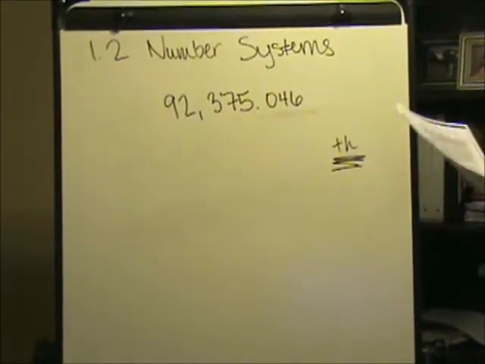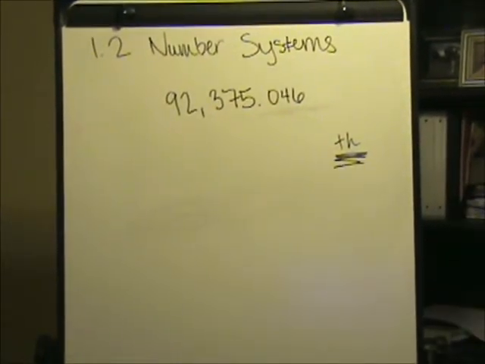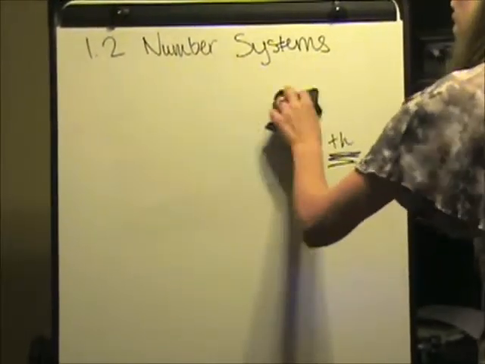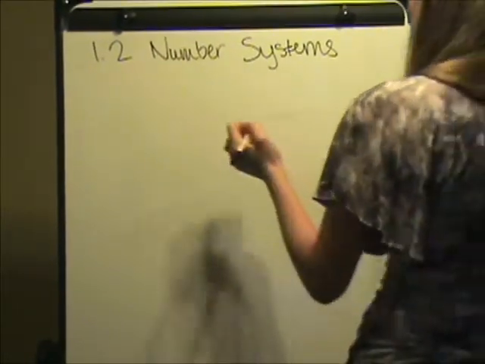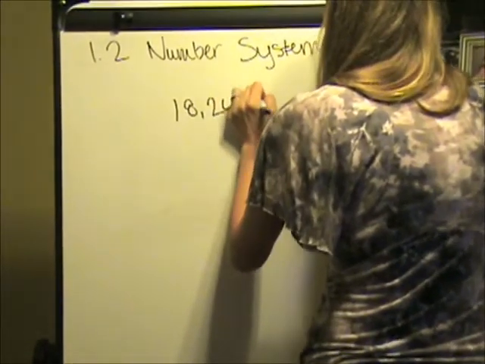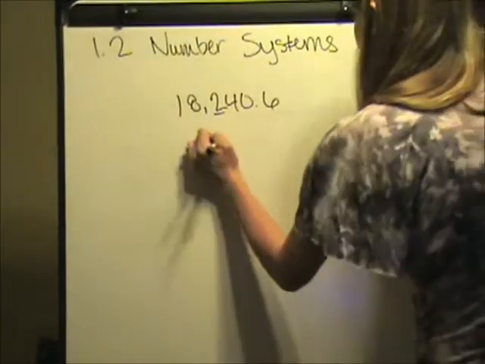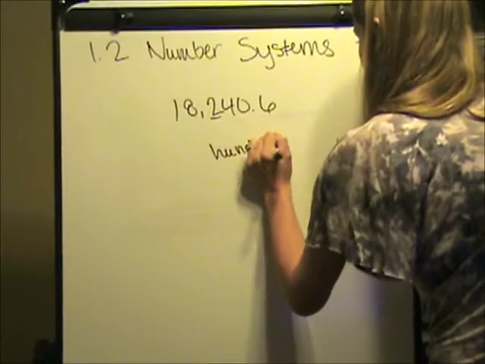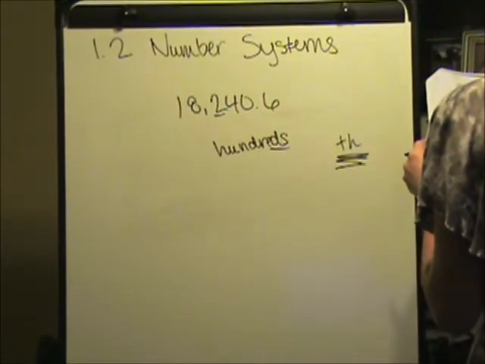Okay, so we're going to look at number 16. State the place value of the underlined digit. So the number is 18,240.6. And our underlined digit is the 2. So we know that that is hundreds, HS. Number 17.